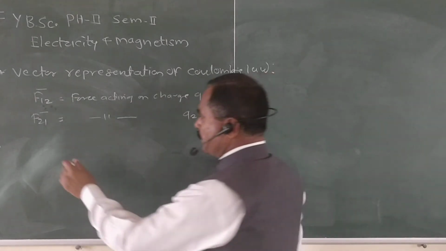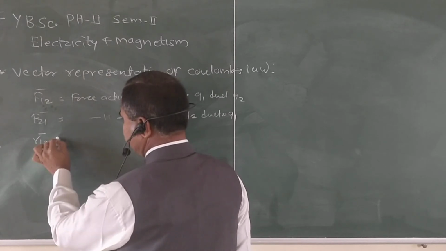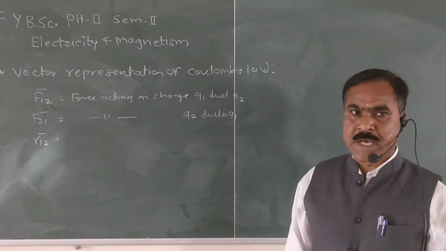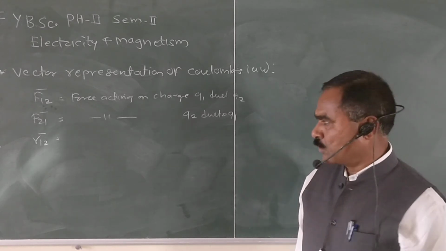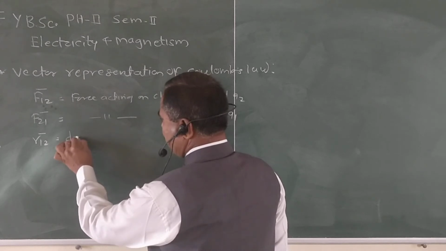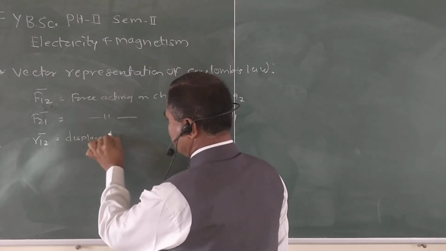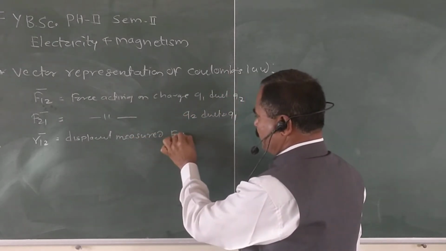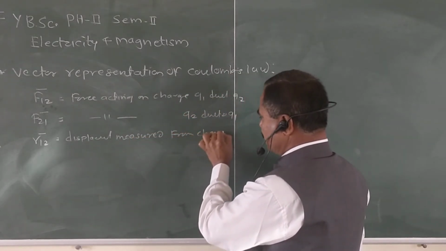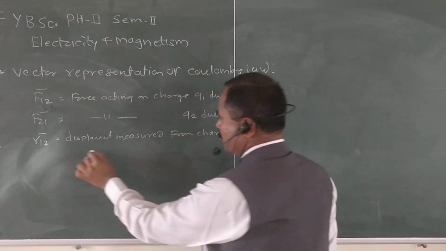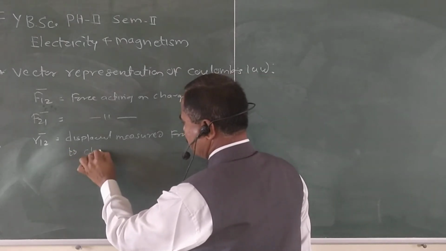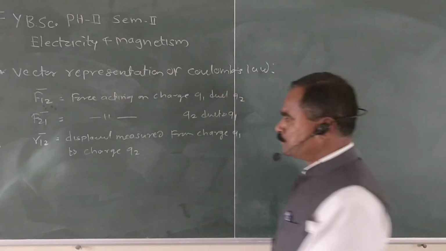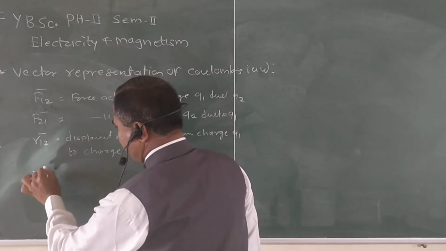Then R12 bar. R12 bar means displacement measured from charge Q1 to charge Q2. Then next you write R21 bar.